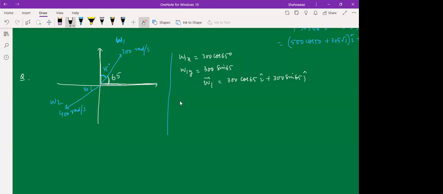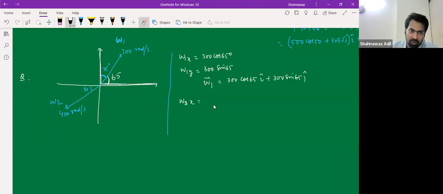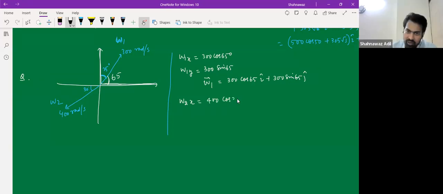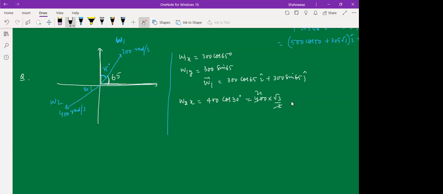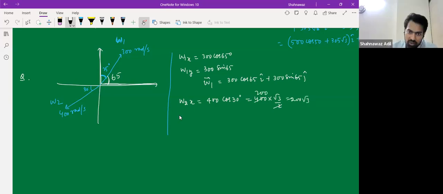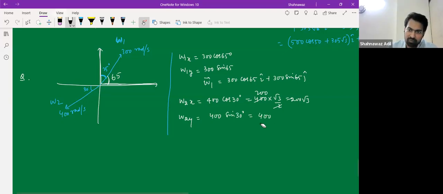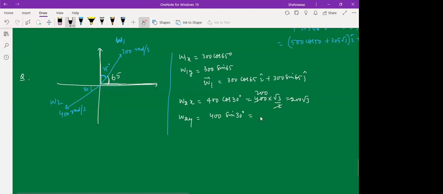Yes, sir. And omega 2x would be how much? Omega 2x will be 400 cos 30. Right, correct. So this is 400 root 3 by 2, which is 200 root 3. And omega 2y would be 400 sin 30, so this is 200.